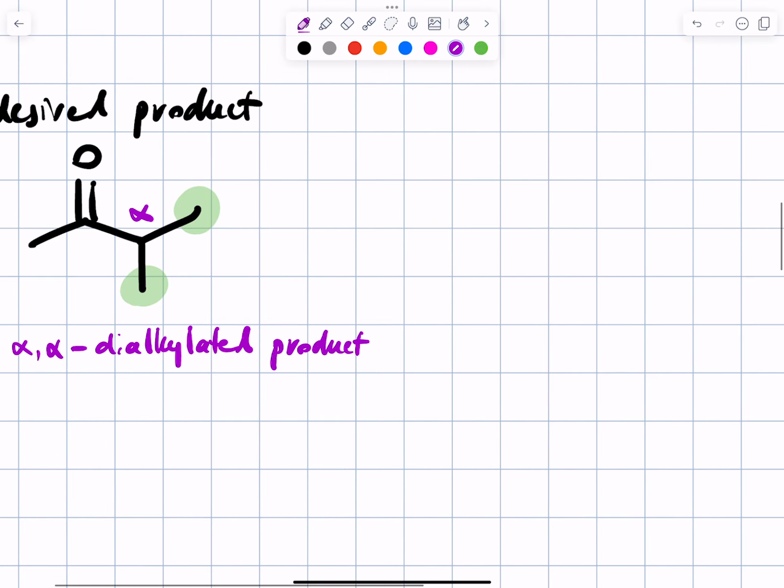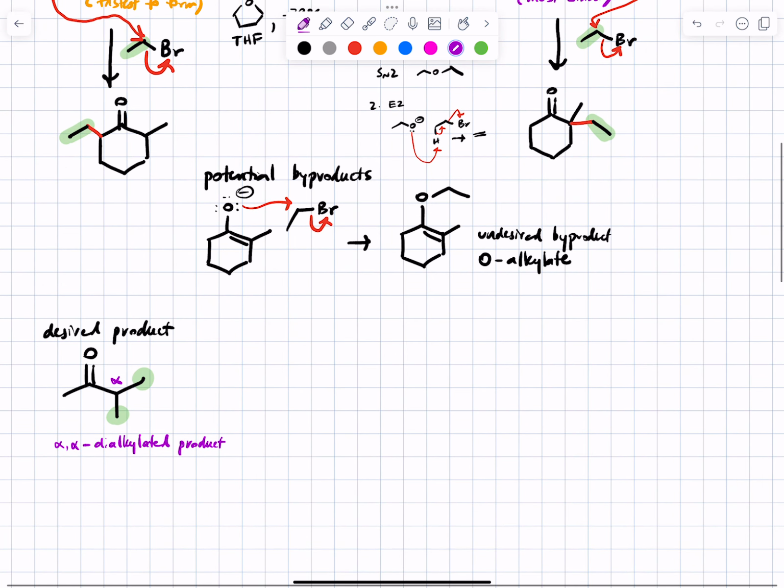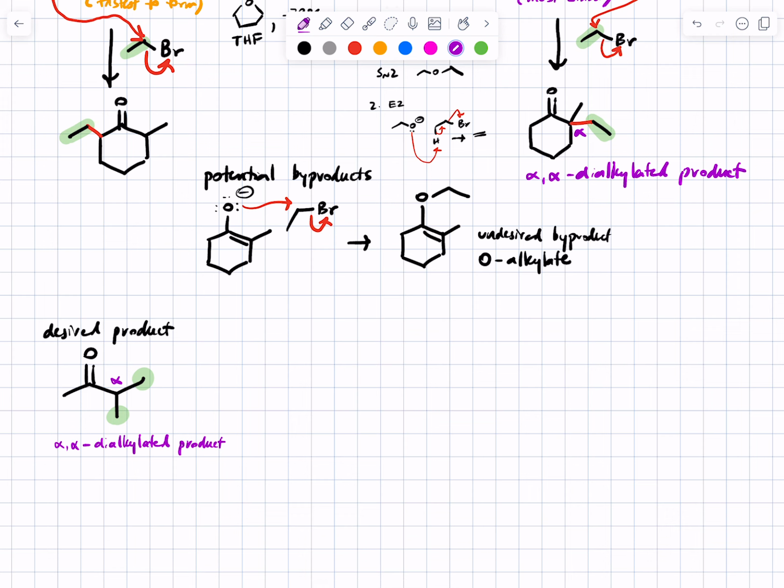And if I compare this, my target, to what I've done before, hey, look over here. This is also an alpha-alpha dialkylated product. In other words, enolate alkylation is one way I can start with a simpler ketone and install a couple of alkyl groups.